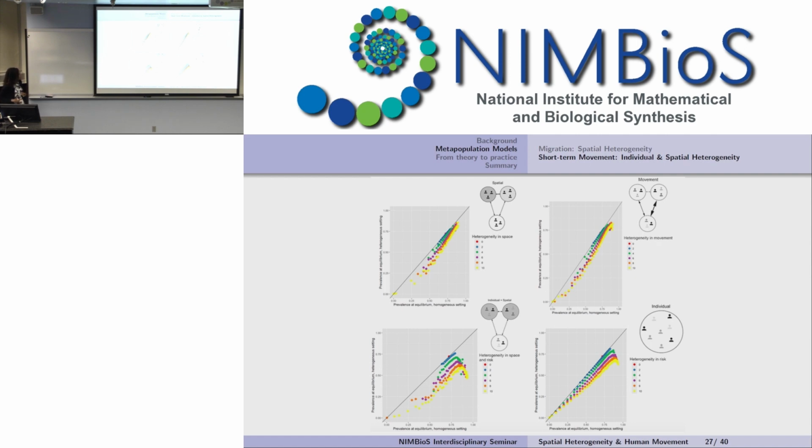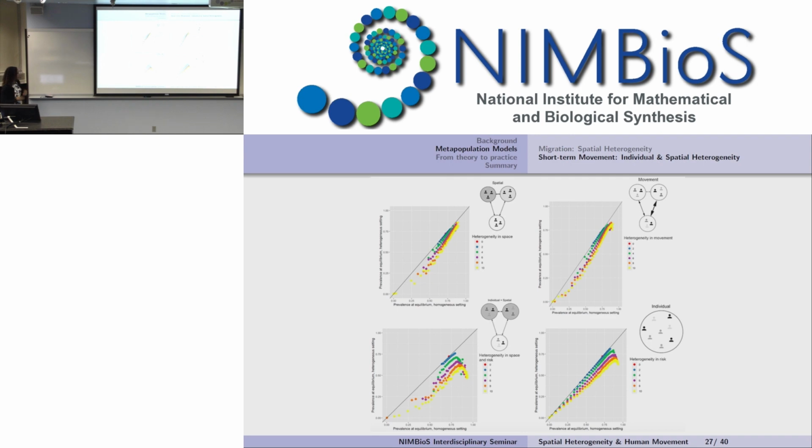This also answers a bit our question about whether we're going to see those similar non-monotonic relationships between prevalence and R naught. So here we're plotting prevalence against prevalence, but here prevalence on the horizontal axis is increasing with R naught.